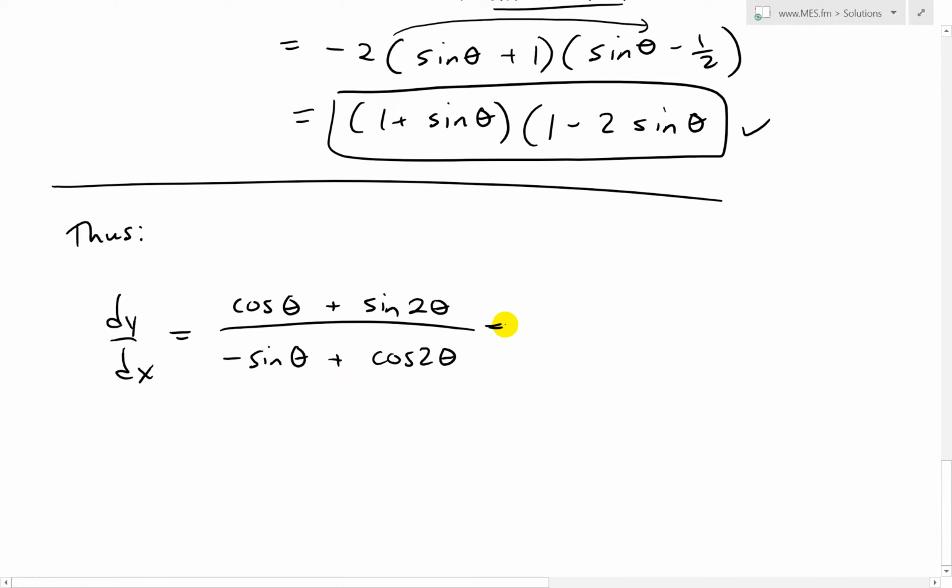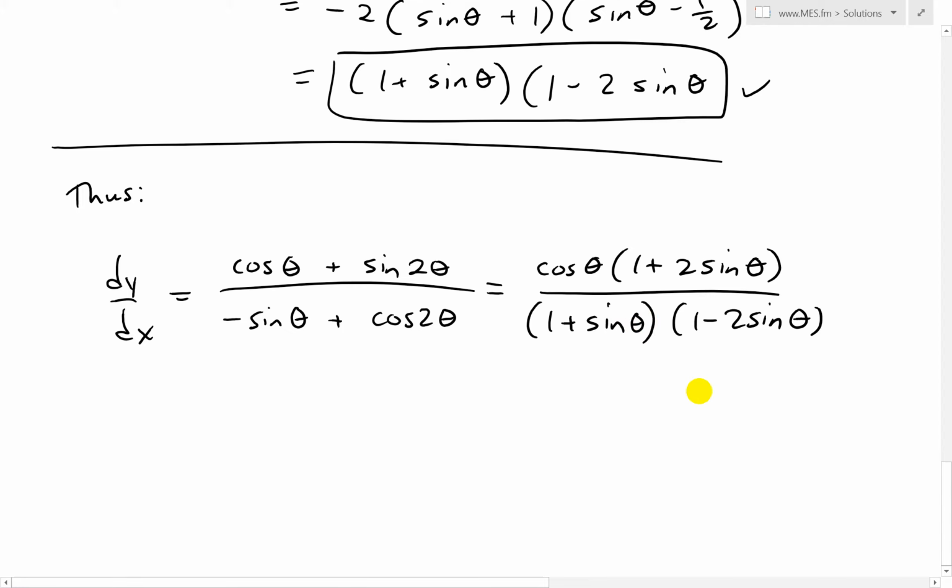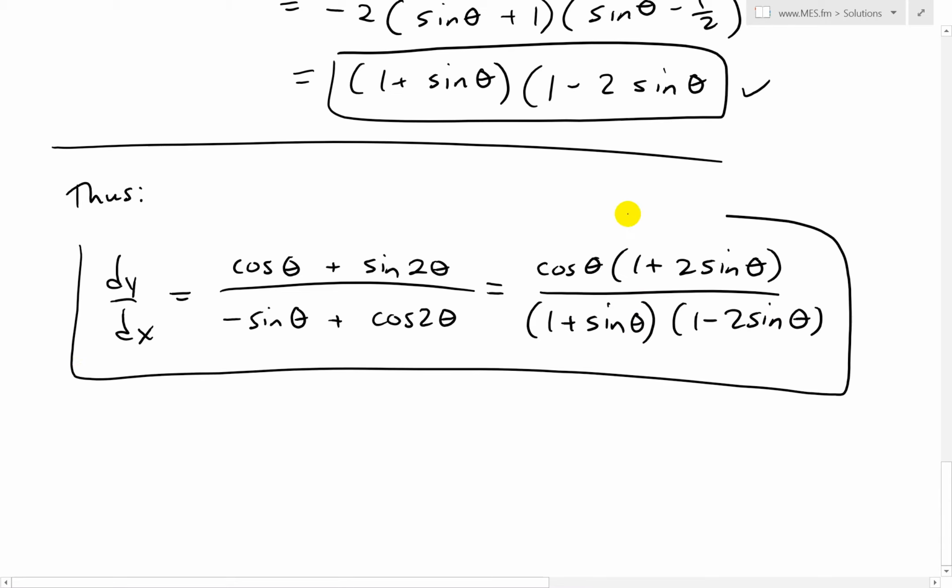And this also equals exactly the above formula from part 1, which is cosine theta times 1 plus 2 sine theta, divided by 1 plus sine theta times 1 minus 2 sine theta, like that. Let's write this neater. And there is what we have.